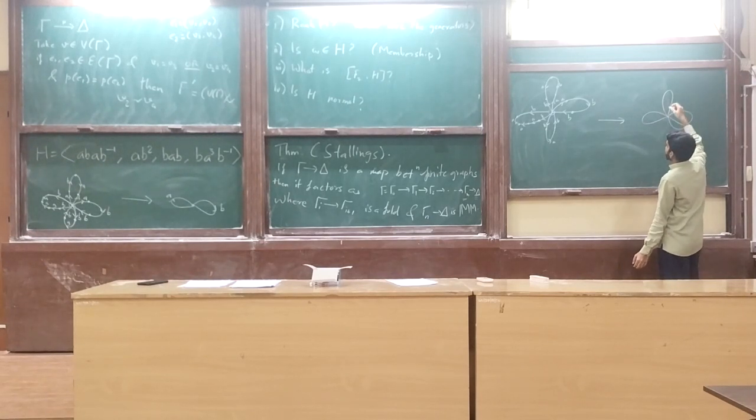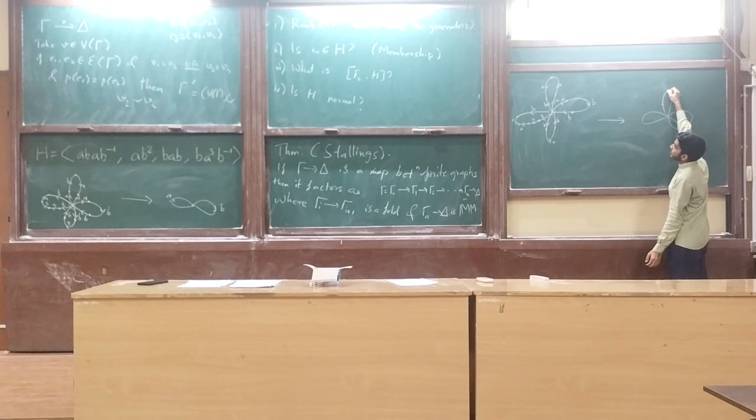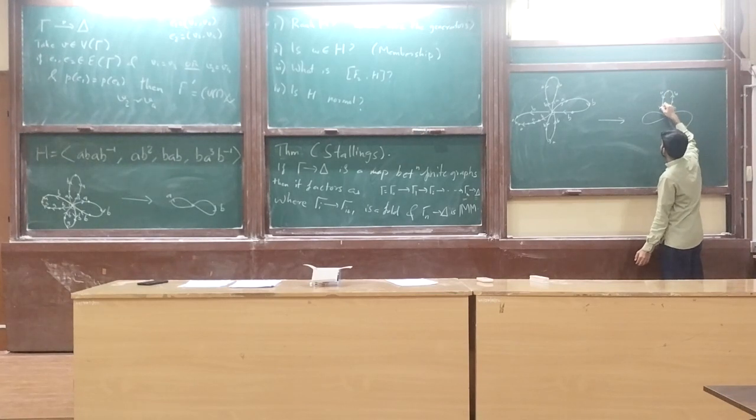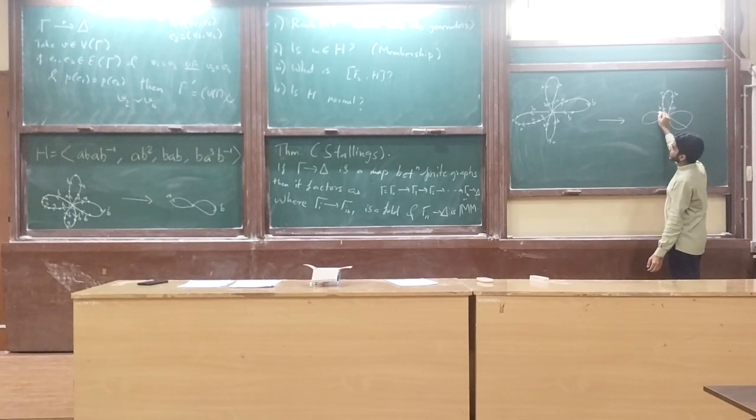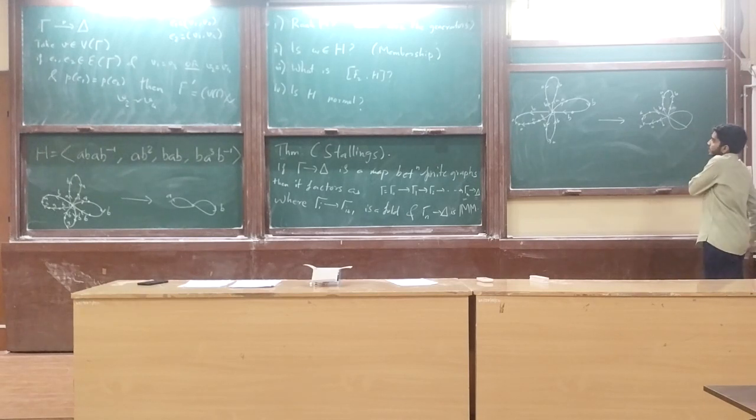So the upper petal is exactly as it was, that is just a b a b inverse. Then this petal is also exactly as it was, which is just b a a a, b a cubed b inverse.